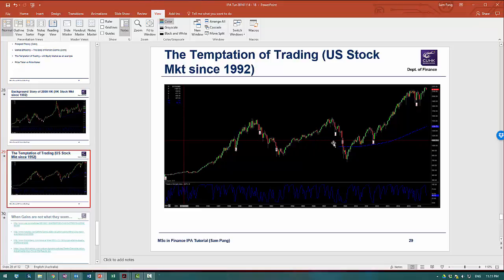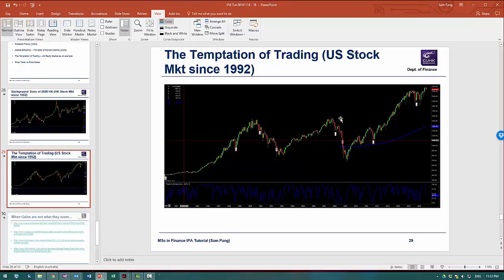So if you invested here, which was 2008, right at the height of the global stock frenzy, and then it went all the way down, and then if you only invested for, let's say, a year or a year and a half, that would be a complete disaster for you.